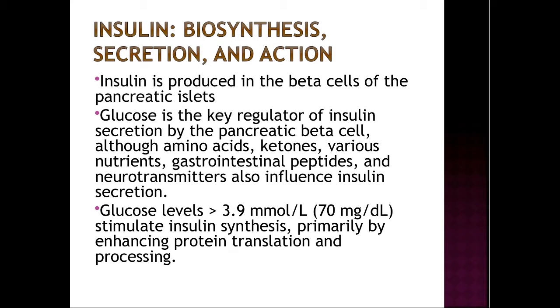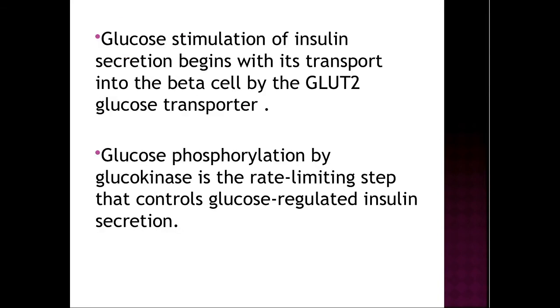Glucose levels over 3.9 millimole per liter stimulate insulin synthesis, primarily by promoting protein translation and processing. Glucose stimulation of insulin secretion begins with its transport into the beta cells by the GLUT2 glucose transporter. Glucose phosphorylation by glucokinase is a rate-limiting step that controls glucose-regulated insulin secretion.